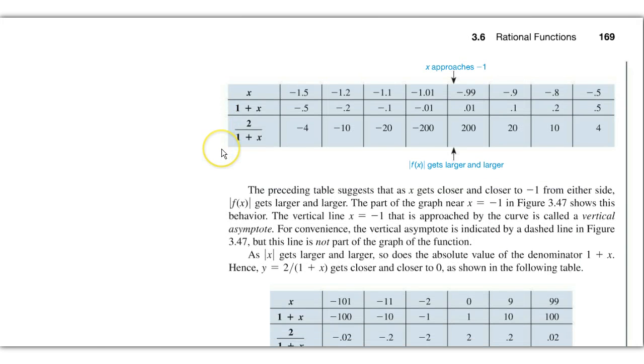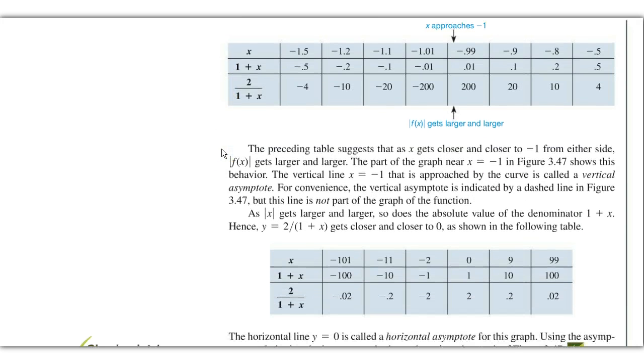And they show us through some tables here, as they put various values in there for x, that as the function of x gets larger and larger, and we'll see that in a graph shortly, it never quite reaches negative 1.